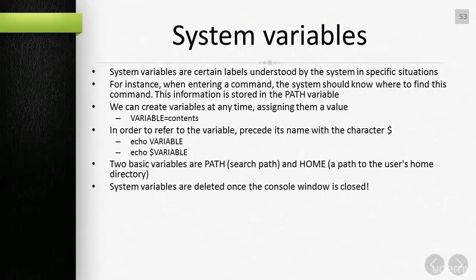Importantly, the environment variables are deleted right away when you close the console window. For example, in one console, we've exported a variable called MYVAR. If we now open another terminal and type the command echo $MYVAR, we will find that this variable does not exist.